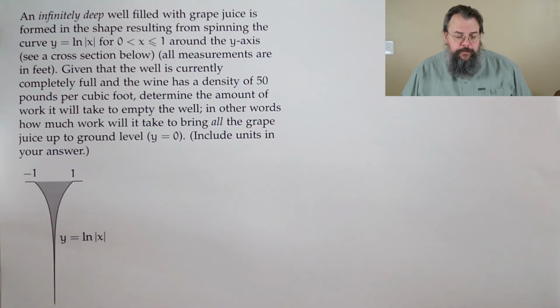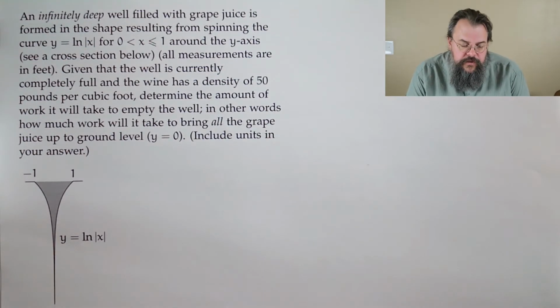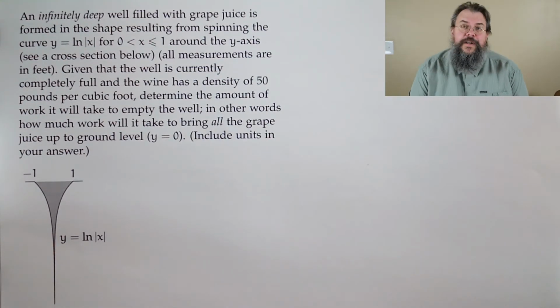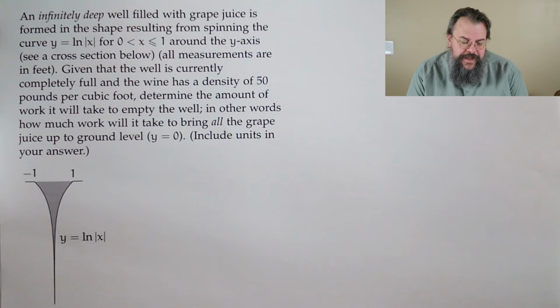An infinitely deep well filled with grape juice, originally the problem was filled with wine, but we changed it to grape juice, is formed in the shape resulting from spinning the curve y equals log of x for 0 less than x less than or equal to 1 around the y-axis.